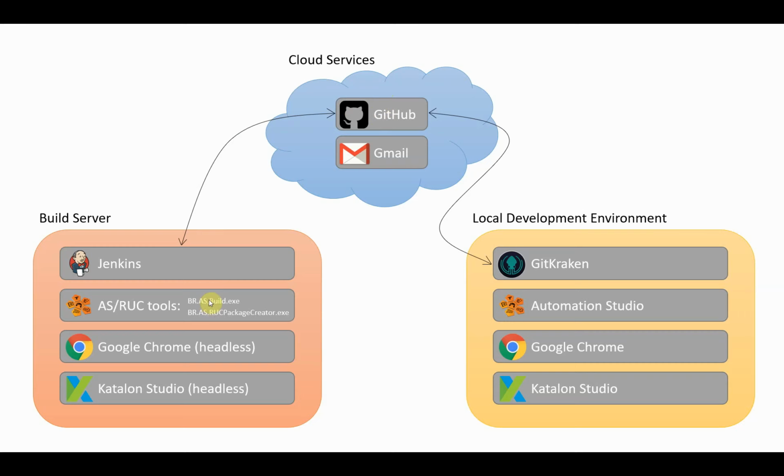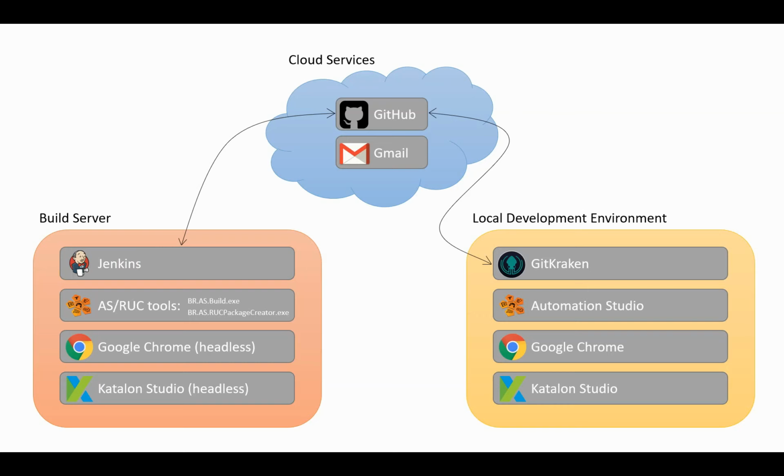It pulled all the contents down and then initiated a build of that source code using local tools present on the build server, br.as.build.exe, etc. After the build completed, Jenkins then initiated a batch file that started up ARsim, and finally sent a command locally to Katalon Studio, again on the build server, to start running through its full test suite, which in our case encompassed 2 test cases that both completed successfully. So that was kind of the full A to Z sequence of a good build and test scenario that we saw reported as successful on the Jenkins main landing page.